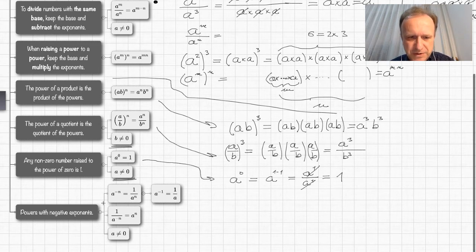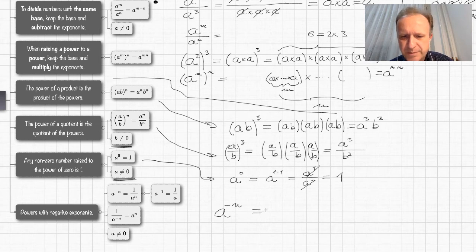So imagine you have a to the power of negative n, and you have to understand what it means actually. So again, try to express negative n as 0 minus n, because minus n is the same as 0 minus n. Now use the same law as before, and this should be a to the power of 0 divided by a to the power of n.